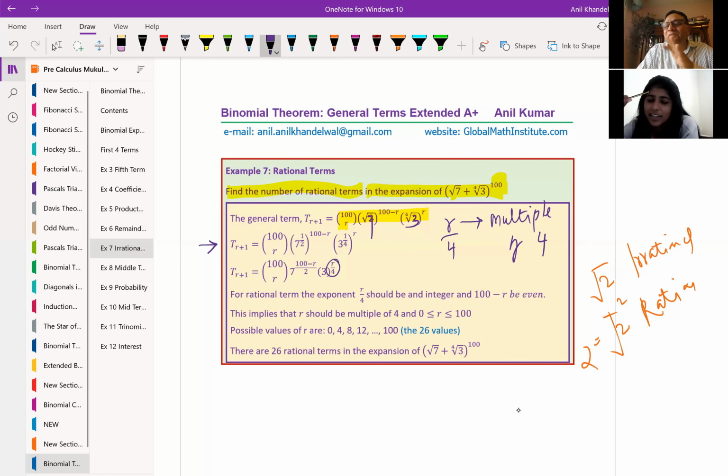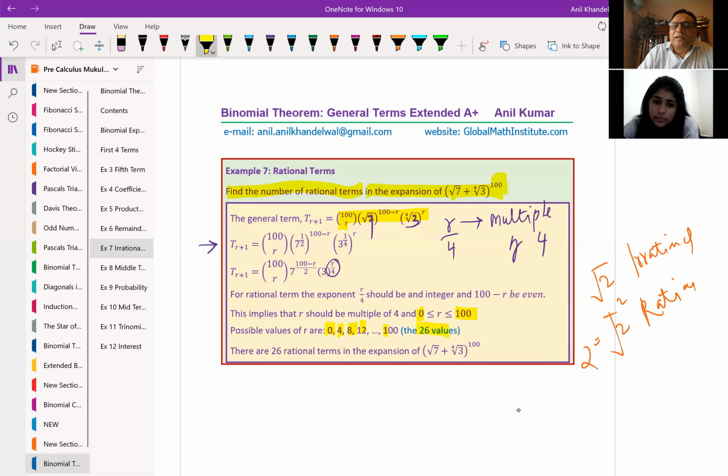So multiples of 4. Now, the possible values have to be between 0 and 100, since 100 is your exponent. All multiples of 4 between 0 and 100 will include 0, 4, 8, 12, and so on till 100.